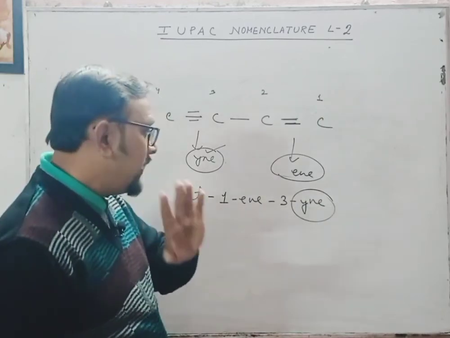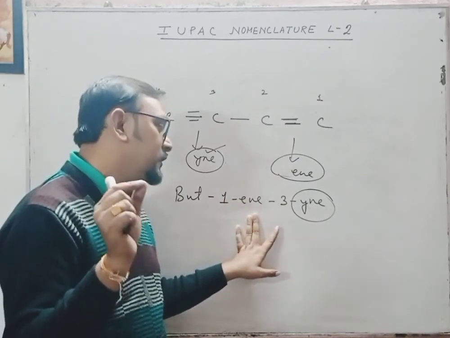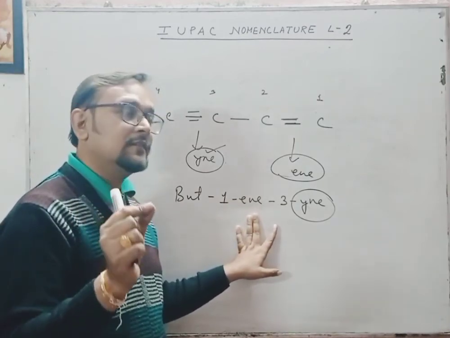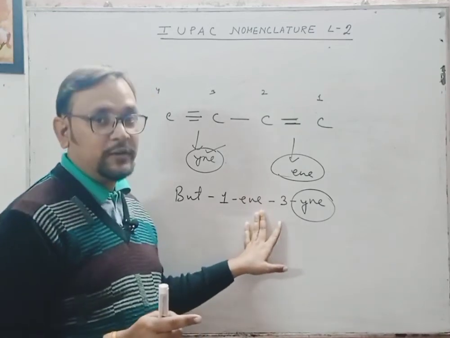Wait. There is a very important rule here you have to know. Otherwise, you will make this mistake. Especially those who are in class 11 and 12, please note it down.